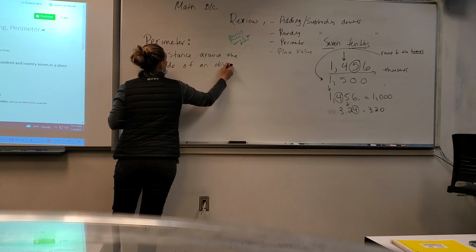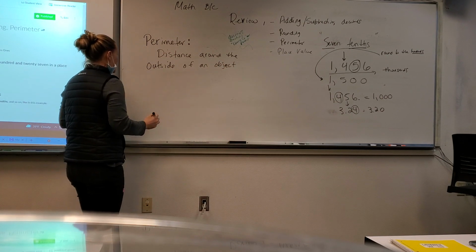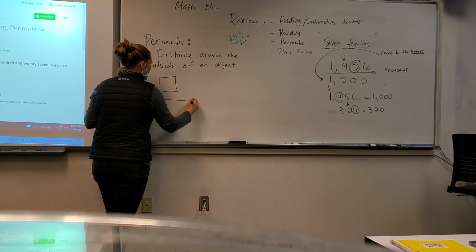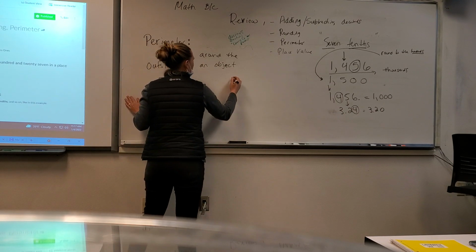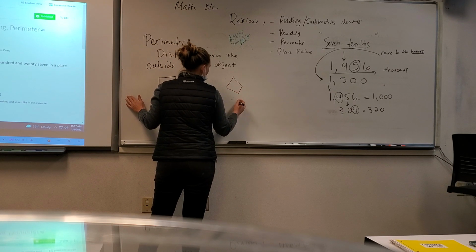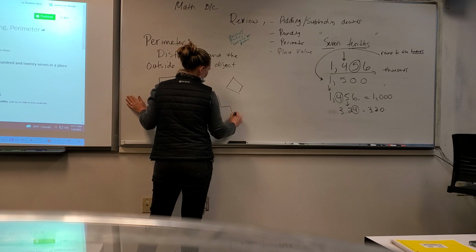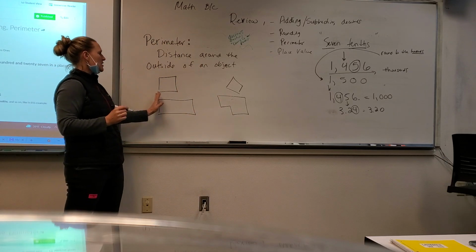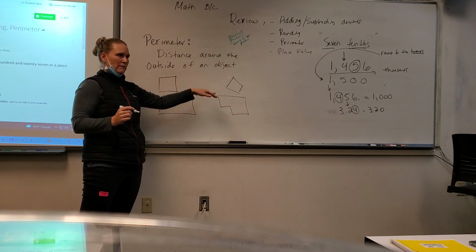So that could be a square, a rectangle, a diamond, or some weird shape. Perimeter is the distance around the outside of an object.